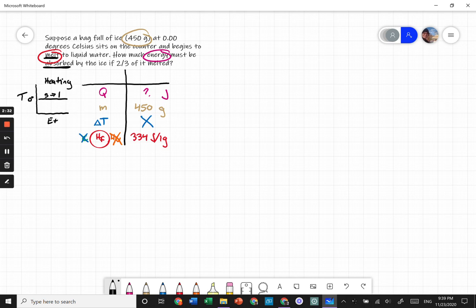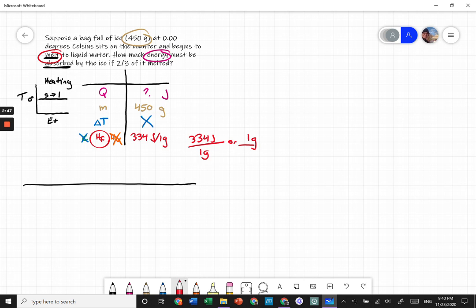So I'm going to set up my ladder down here, and I'm going to be using either 334 joules over 1 gram, or 1 gram over 334 joules. I'm looking for my joules, so I'm going to be using the fraction that has joules up on top. So 334 joules are required to melt 1 gram.